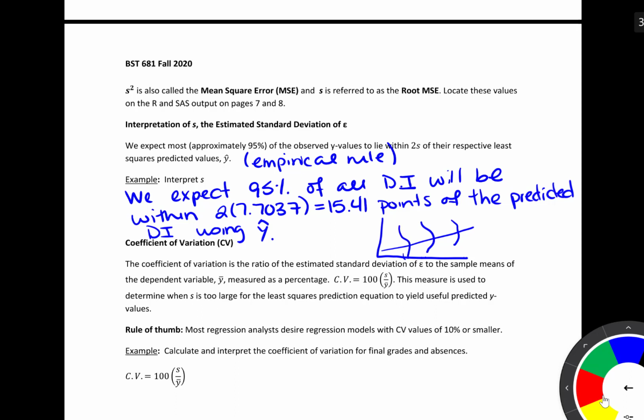This isn't a great picture, but this is what this idea is getting at. What it's saying is that we could pick any x value, and where that x value meets our regression line, that is going to be our y hat. And since we're assuming normality of the errors, within 2 standard deviations above or below where we are on the predicted line, that's where we anticipate all of our actual values to fall.